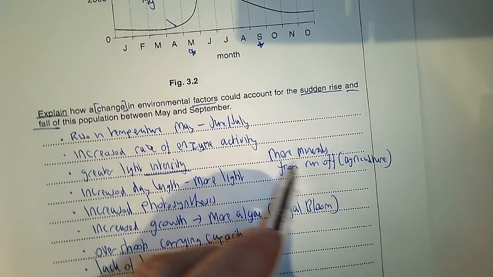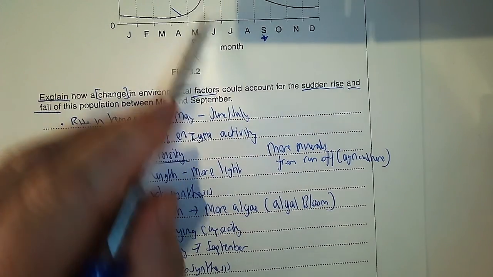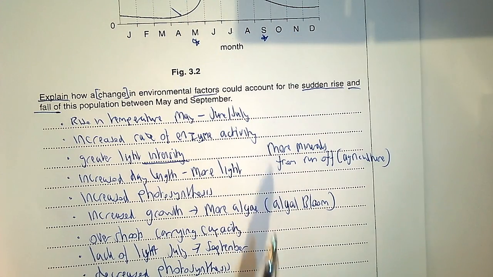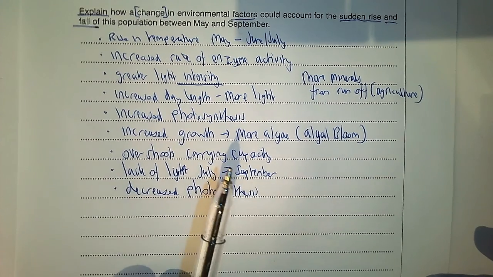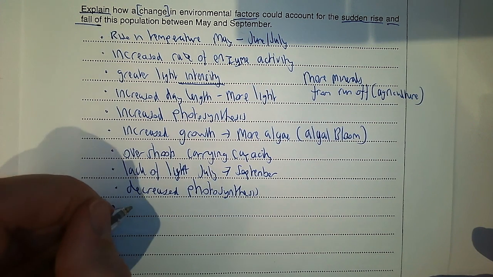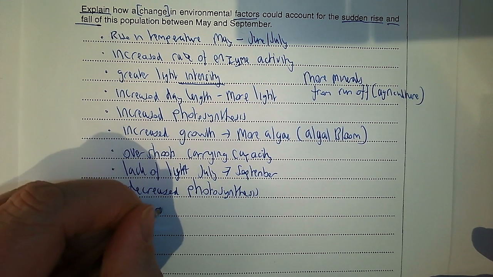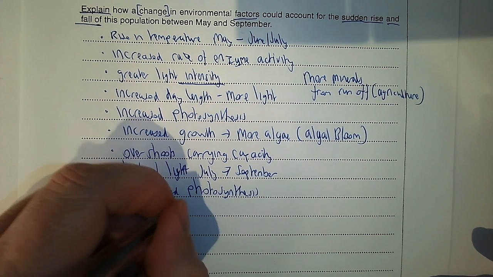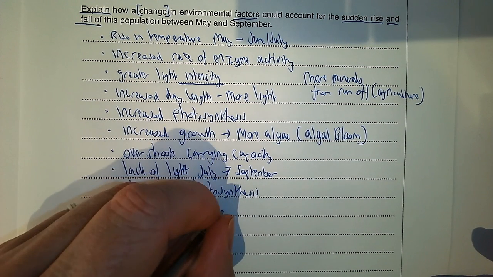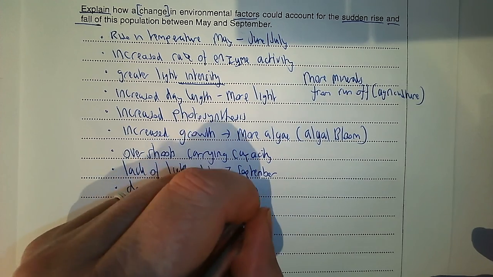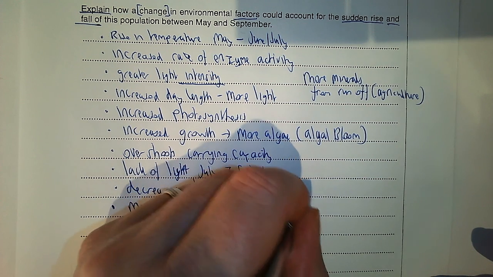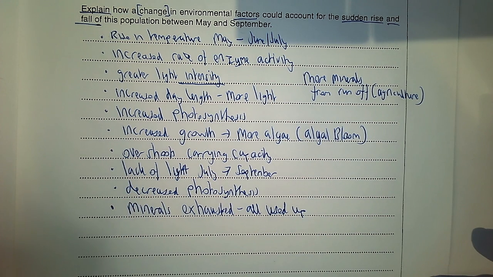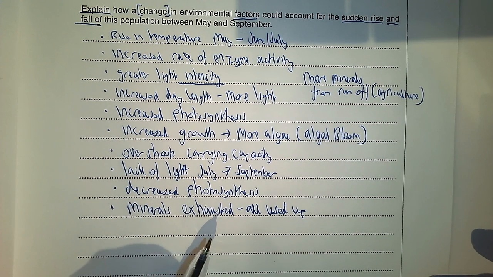Any minerals that were in the water will have been used up during growth. So the minerals are exhausted. They're all used up. So that's going to lead to a decrease in growth.